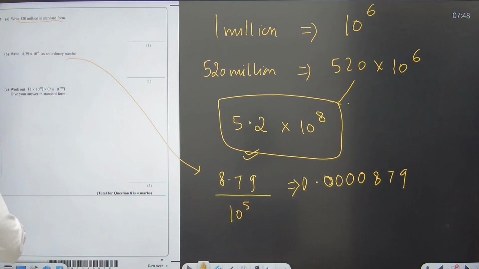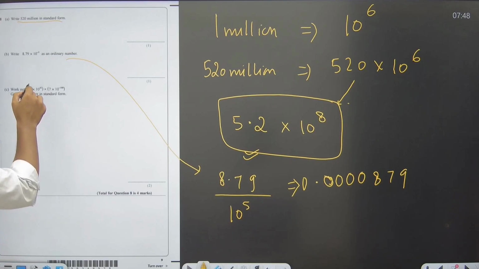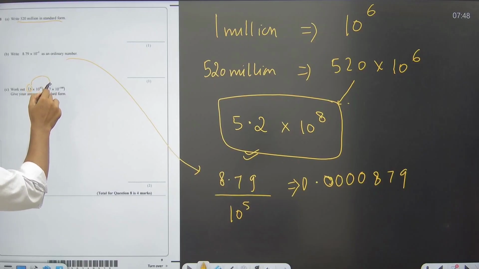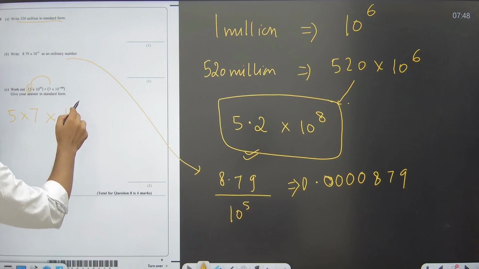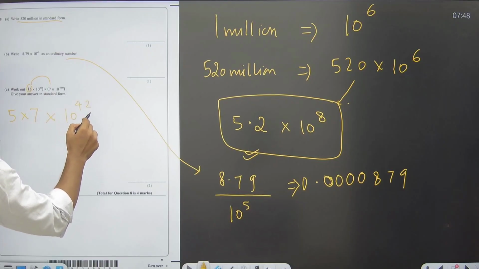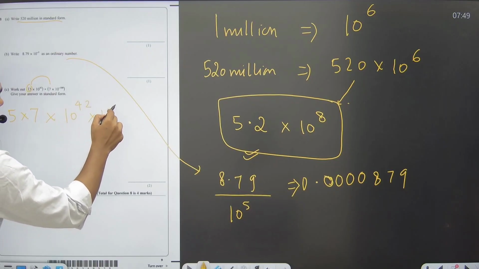Work out 5 cross 10 power 42 cross 7 cross 10 to the power -180. See here, first of all you need to multiply the first two terms, that is 5 cross 7 cross 10 to the power 42 cross 10 to the power -180.